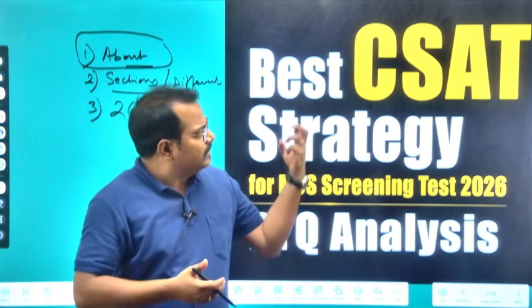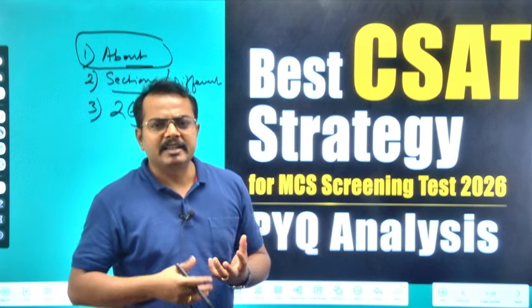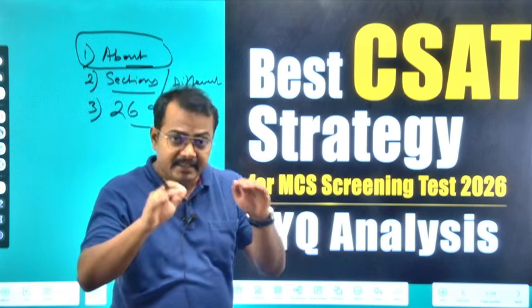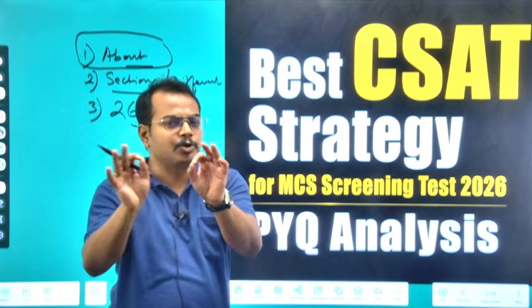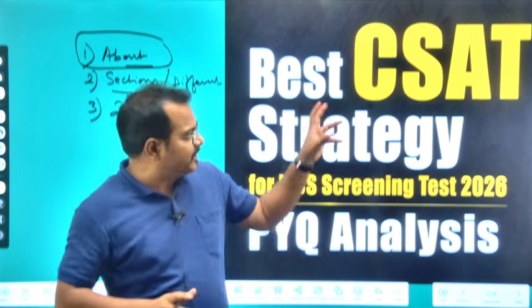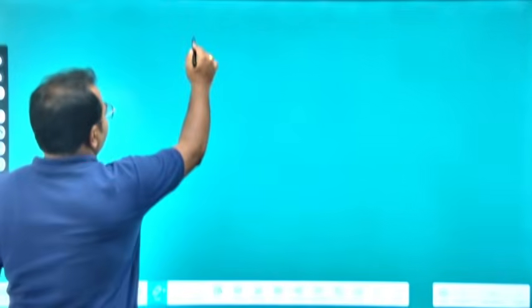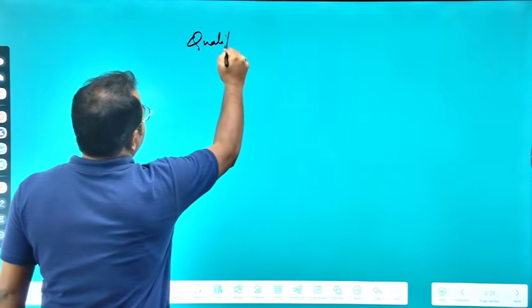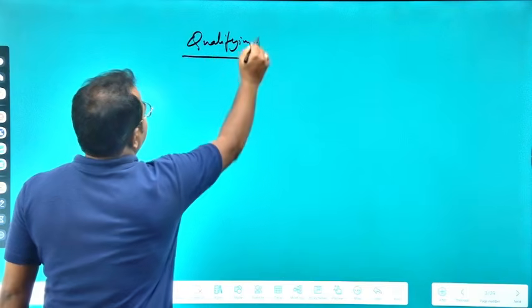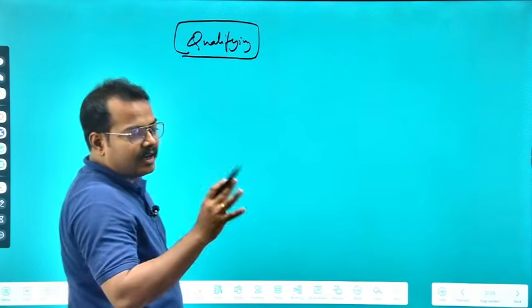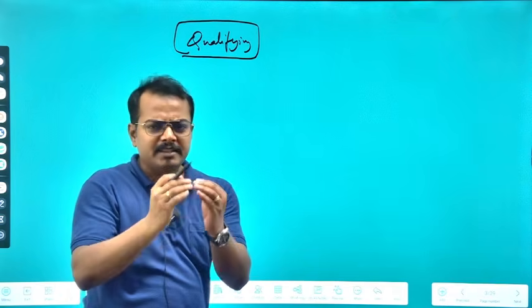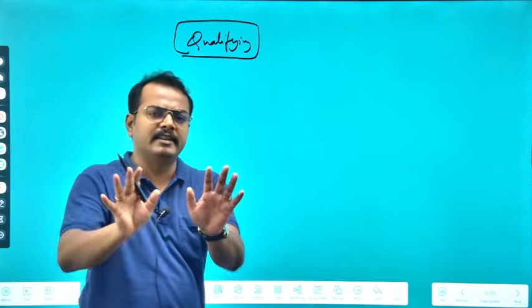Now, how this paper is becoming challenging, and within that challenge itself there is a solution hidden. Let me tell you more: this paper is basically a qualifying paper. That means you only need to pass in this paper by achieving the minimum qualifying marks, and that's it.